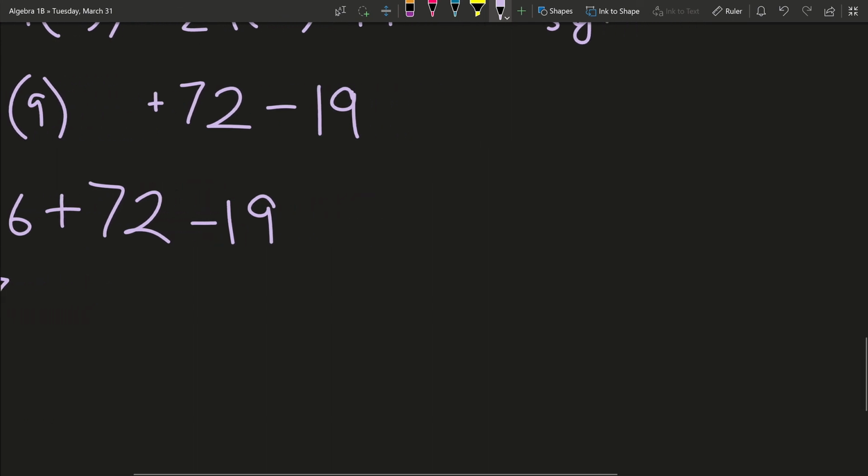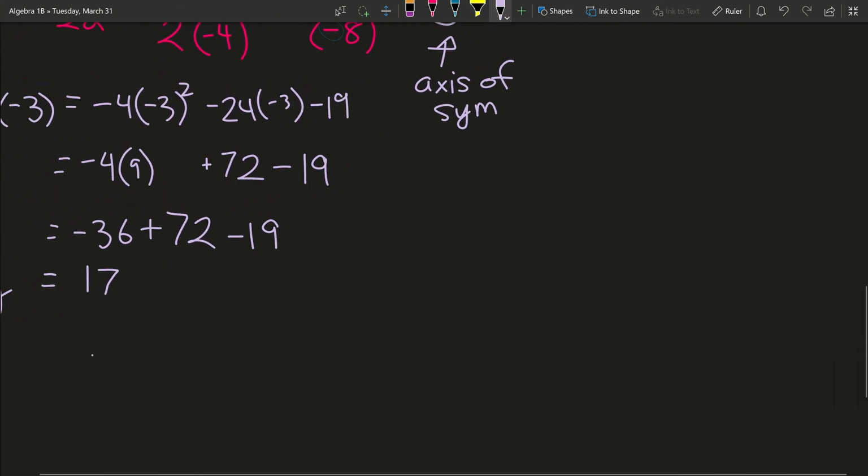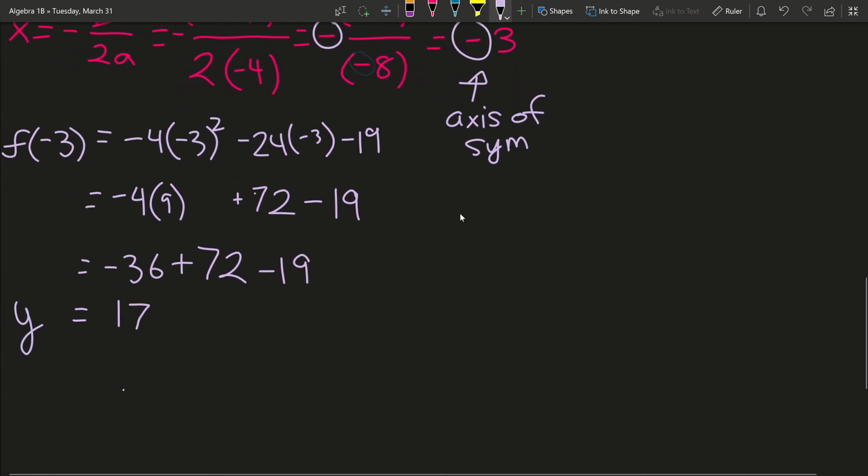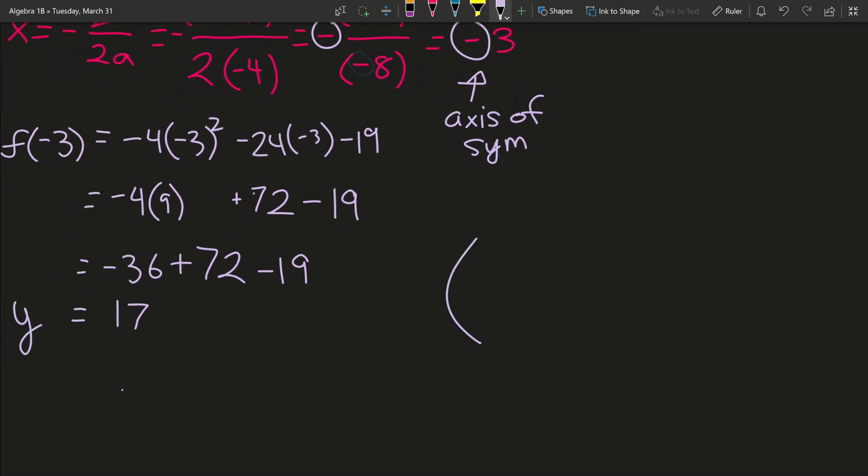So how can we use 17 then? Let's take a look at our old problem right here. Notice that our x over here is negative 3, and we have 17 right here.